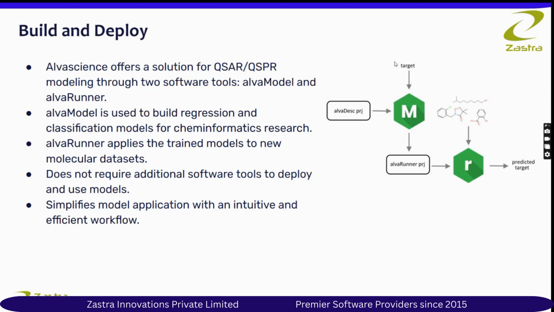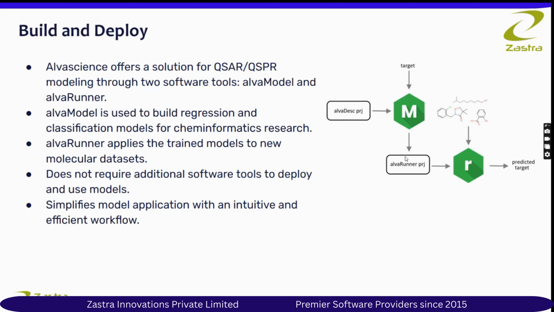It could be IC50 value or EC50 value or some other. It could be values such as binding score or docking score. Those structures along with their biological activity values, we have to supply both to the Alva model. Now, this Alva model using those two things will generate a model.